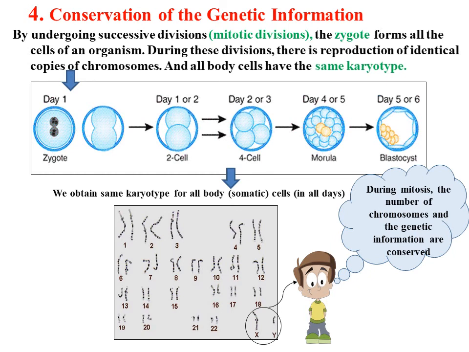What can we conclude? During mitosis, from zygote to morula to blastocyst to individual, the number of chromosomes and the genetic information are conserved. It's an important point: the genetic information and the number of chromosomes are conserved.